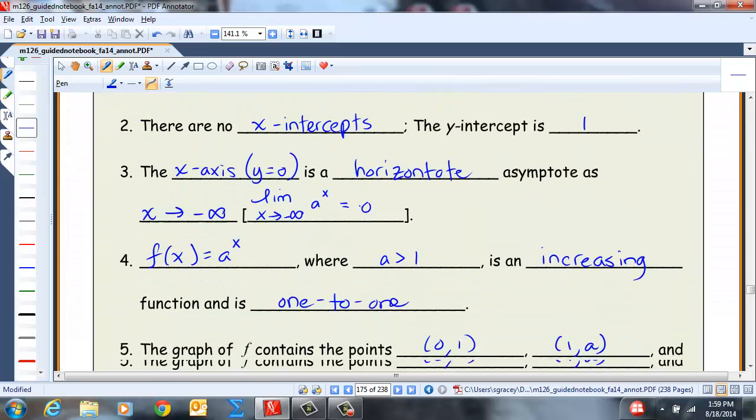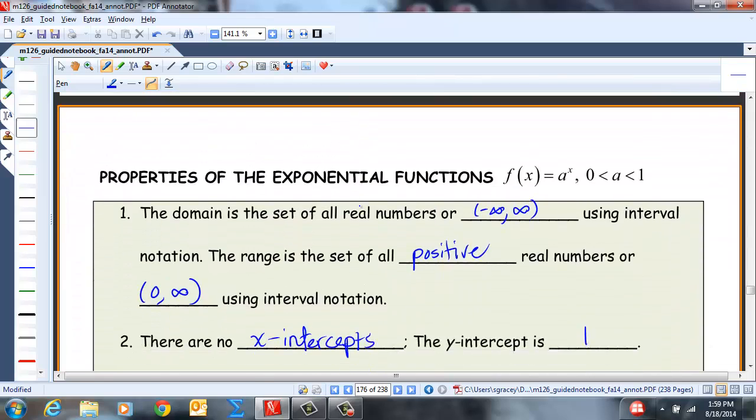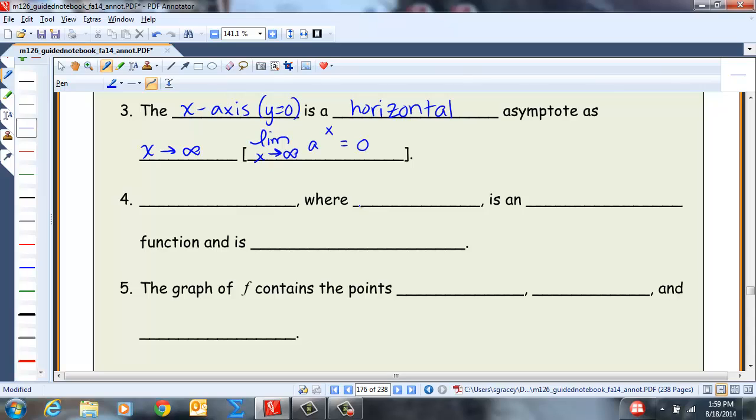Okay. Finishing off, we'll have f of x equal to a to the x, where 0 is less than a is less than 1, is a decreasing function and is 1 to 1.